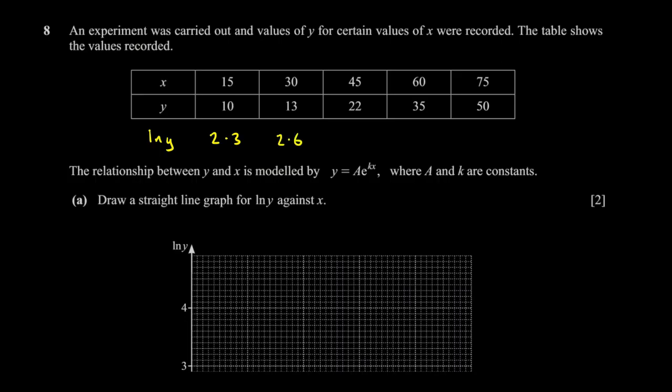Ln 22, 3.03, so I just write 3.0. Ln 35, 3.55, okay, so 3.6. And then ln 50, 3.31, so 3.3.